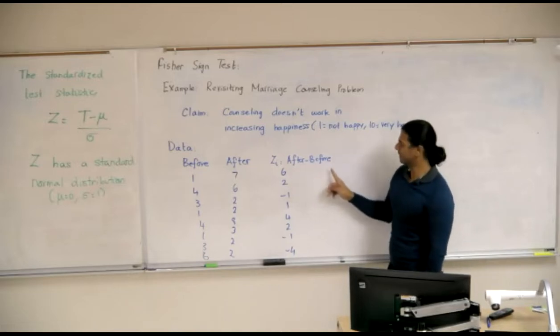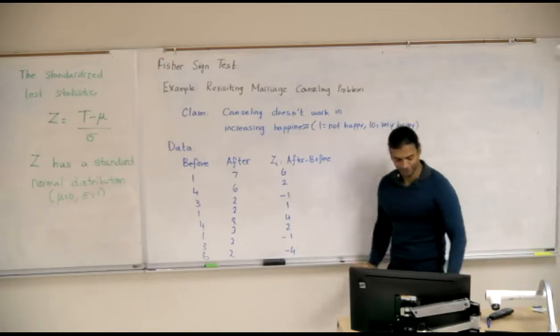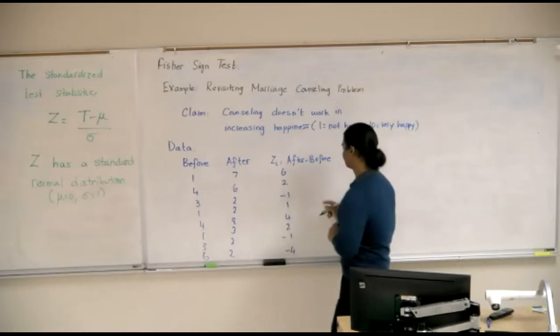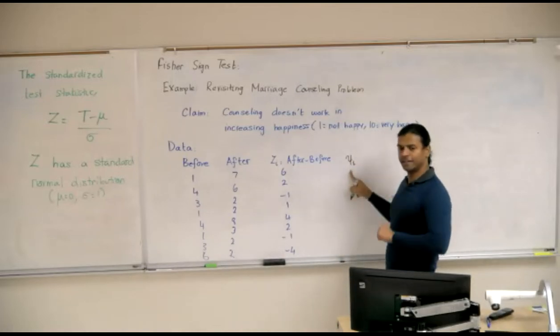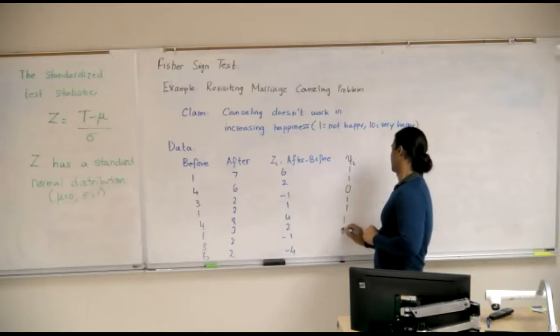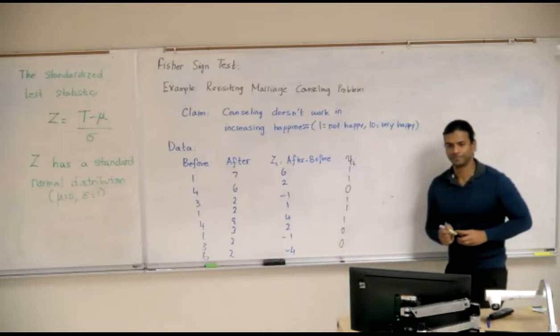Z_i is after minus before, so we had the differences. Now we have to do psi_i. Positive, yes? So 1, 1, 0, 1, 1, 1, 0, 0.